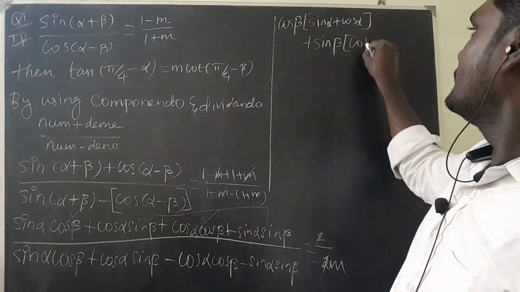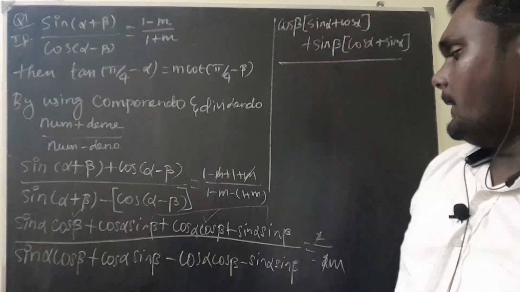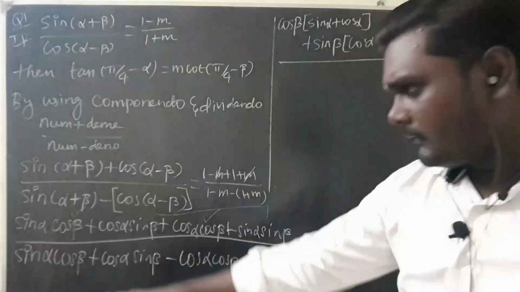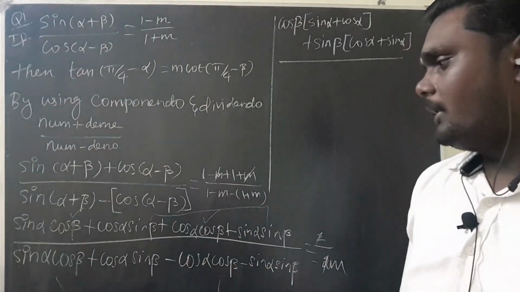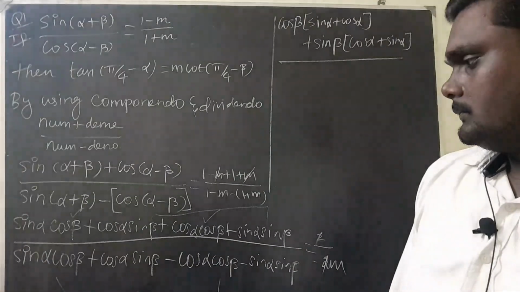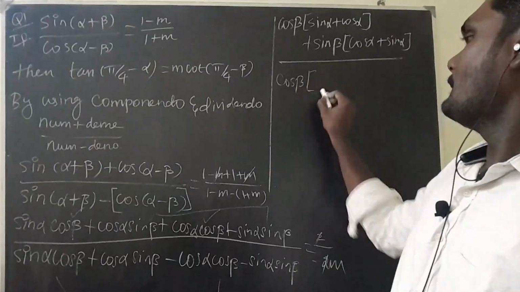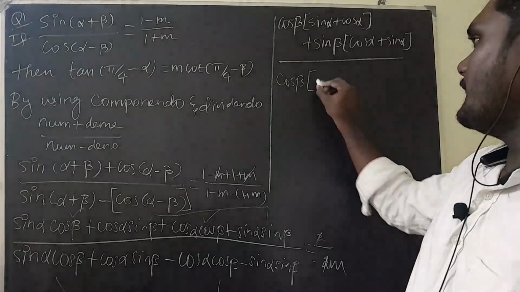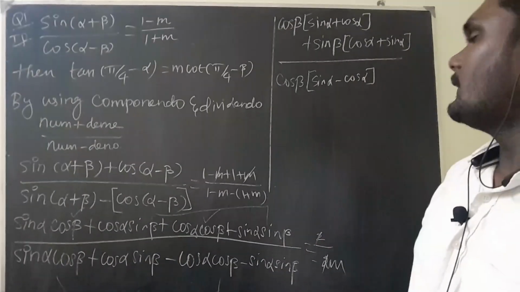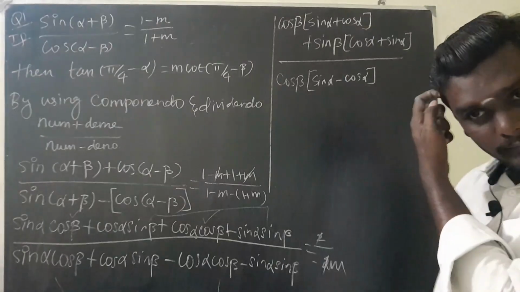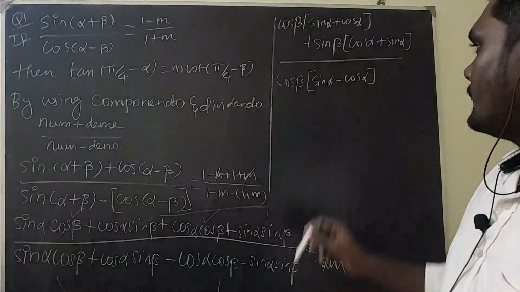So we have again cos alpha plus sin alpha divided by here. Same applies here. From these two, what can be taken out? Cos beta. Then remaining sin alpha minus cos alpha. Correct?